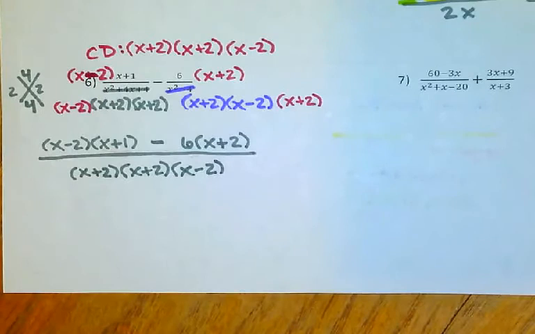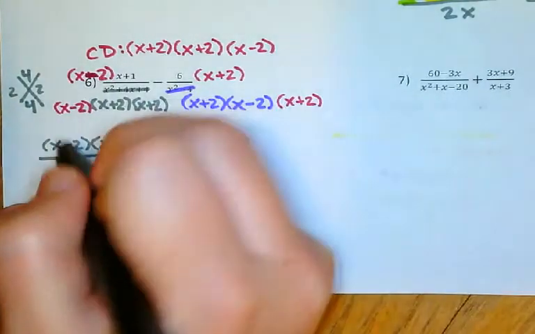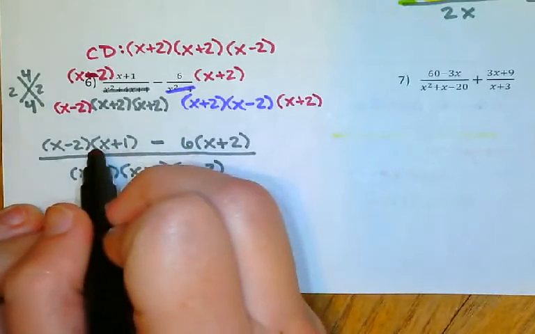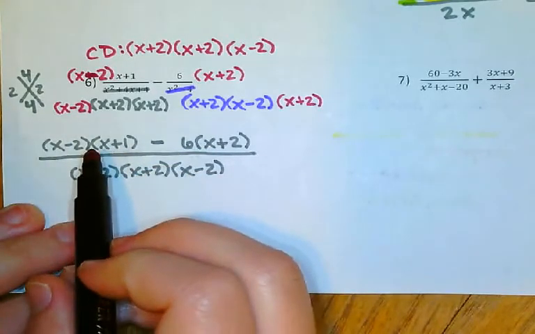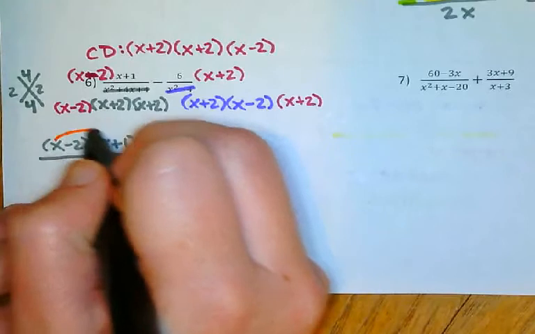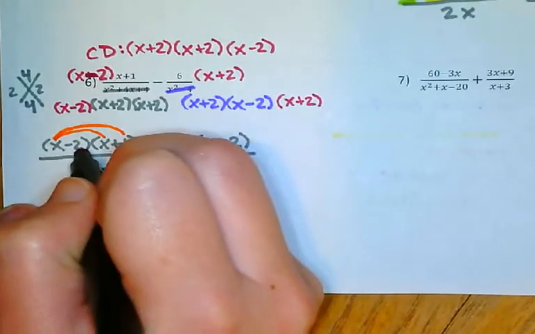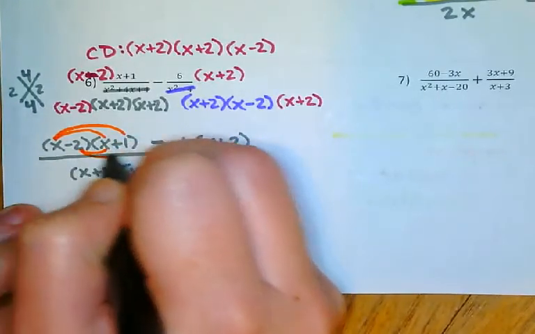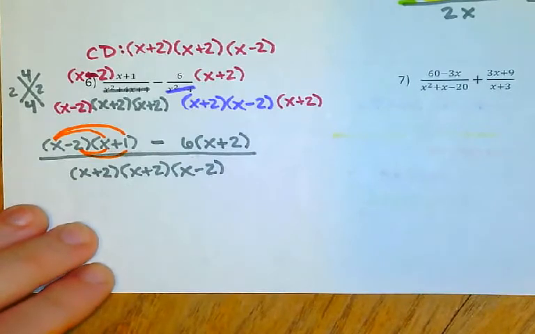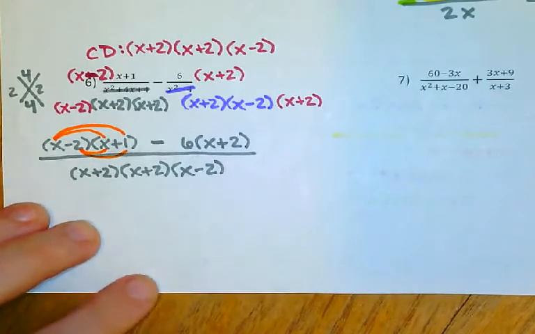Okay, so second step, we want to distribute. Here at the beginning, we're going to have to FOIL or use the box to distribute. Remember, first, outer, inner, last is that FOIL distribute method.